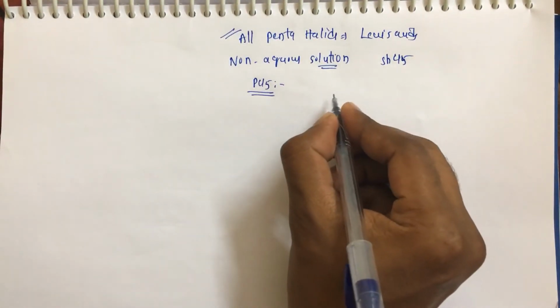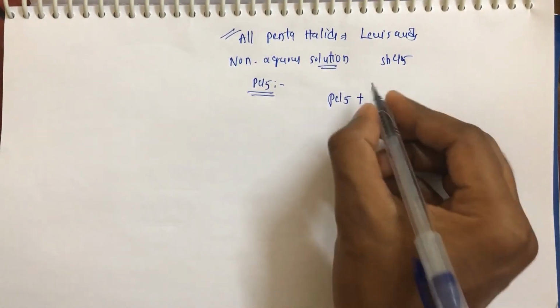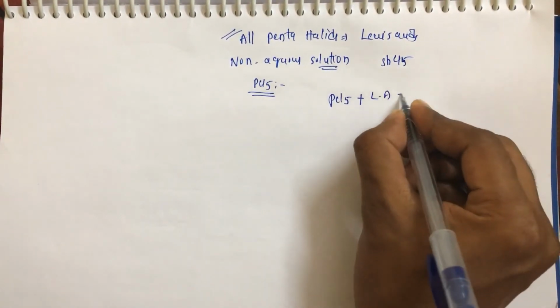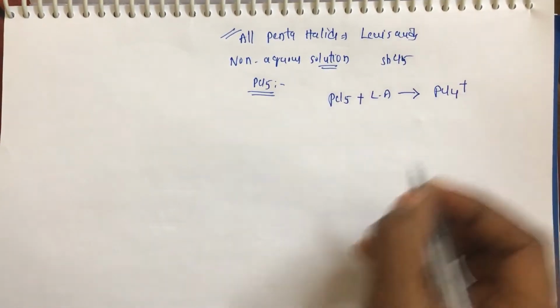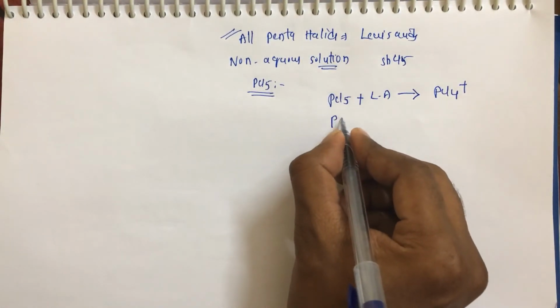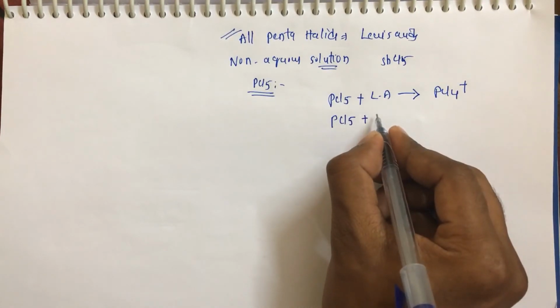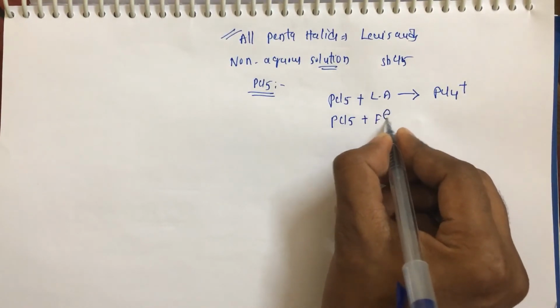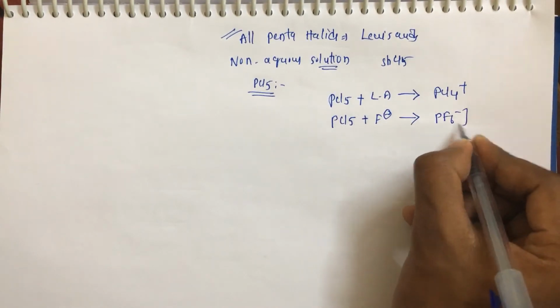When we treat PCl5 with a Lewis acid, it forms PCl4 plus. When we treat PCl5 with a fluoride donor, it forms PF6 minus.